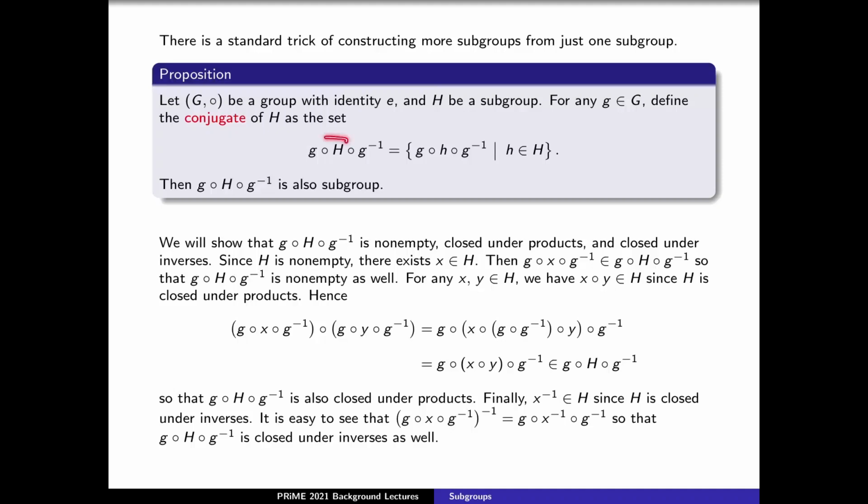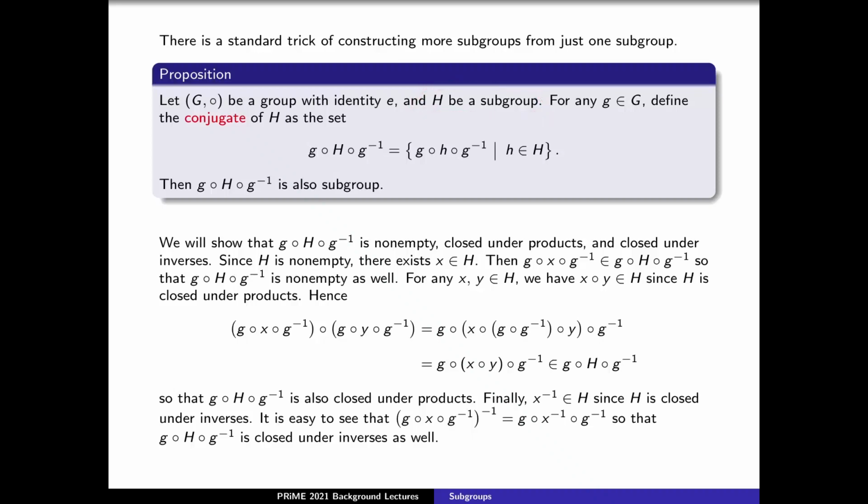The way that we interpret this notation is that we are acting on every element of H by taking g on the outside and then g inverse on the right. So this is the set of all elements of the form g ∘ h ∘ g inverse such that h is in H. And what the proposition tells us is that g ∘ H ∘ g inverse is also a subgroup. And so now we have a method for constructing new subgroups of a given group G, so long as we know that we have a subgroup H to begin with.